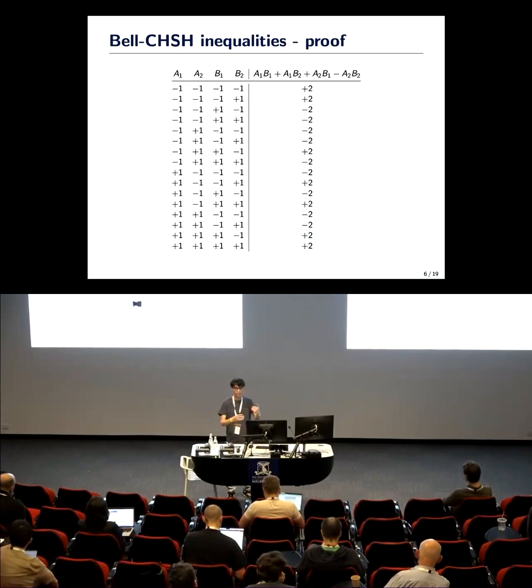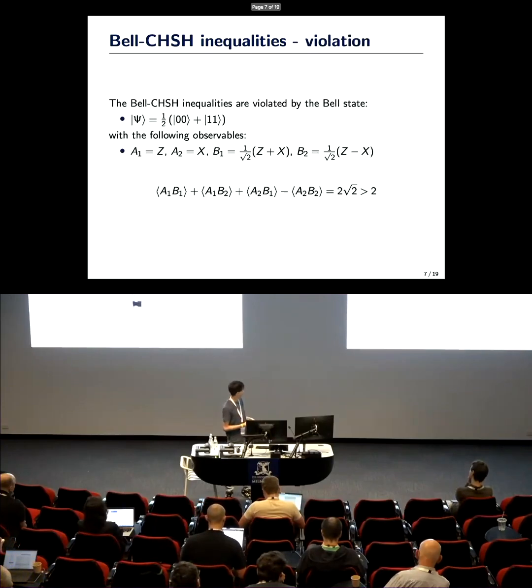So when you consider a probabilistic mixture of these hidden states, you get a value of this correlation between -2 and +2. It turns out that the Bell state with these observables would violate one of Bell's inequalities. So quantum mechanics is contextual because of this.